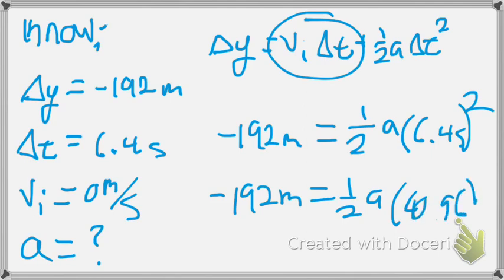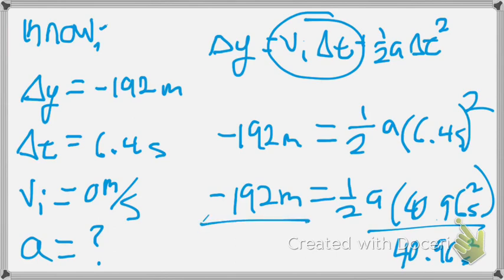40.96 seconds squared now. We're going to divide both sides by 40.96 seconds squared. And that means we'll be dividing negative 192 meters by 40.96 seconds squared.